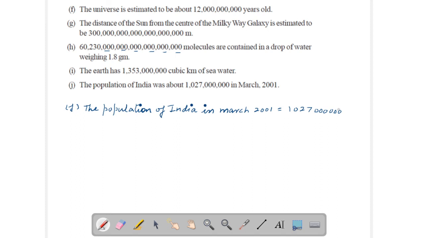You have to write in standard form. How will you write? Where is the decimal? On the right hand side. Here. Bring the decimal after one digit.